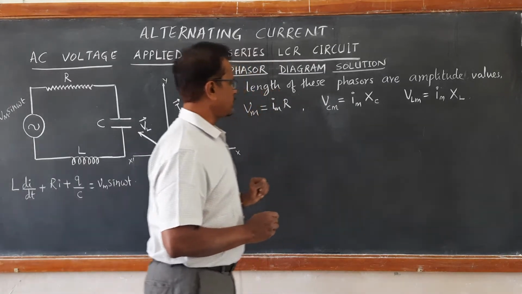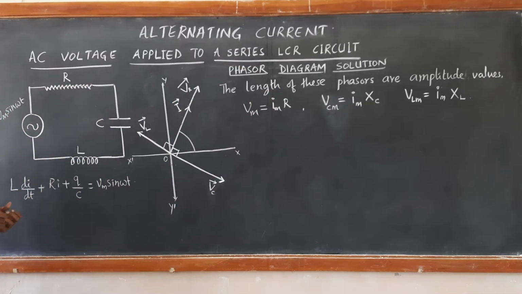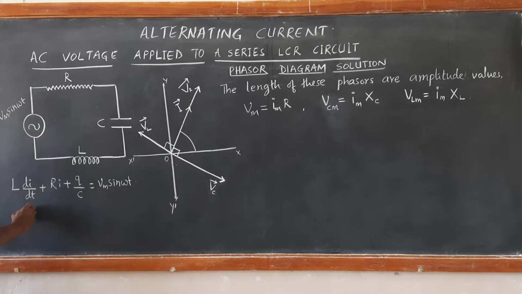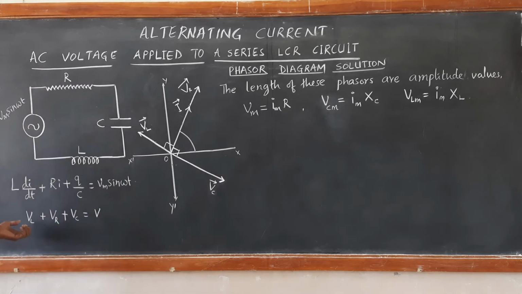Okay. And from this equation, we can write the voltage across the inductor plus voltage across the resistor plus voltage across the capacitor is equal to the source voltage V. Okay, these are the time dependent voltages.